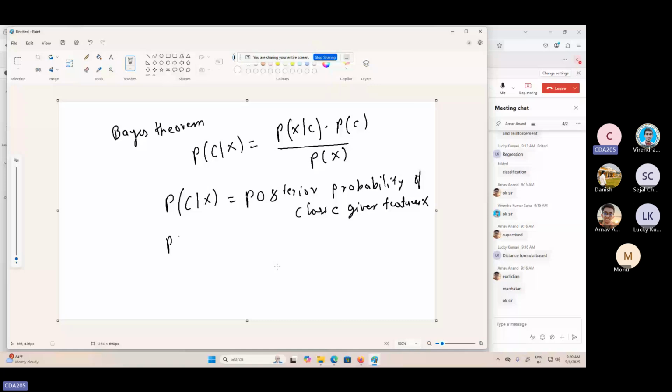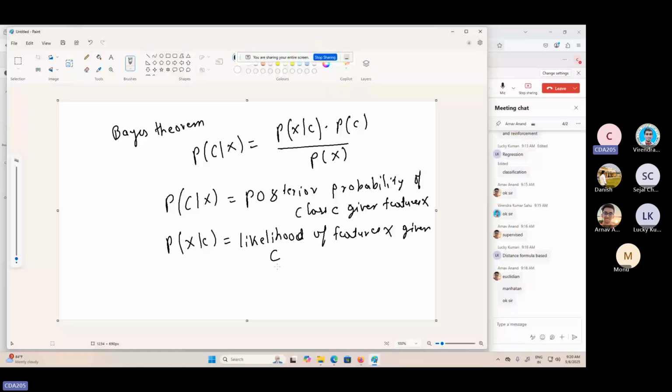It is the likelihood of features X given C.